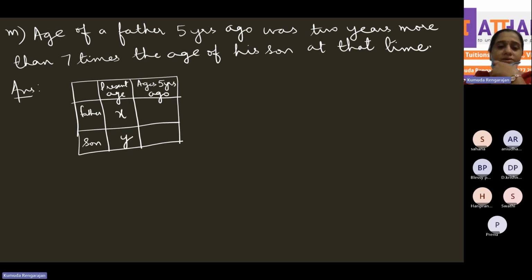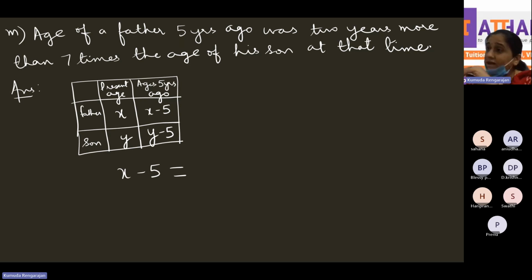X, Y, X minus 5, Y minus 5. Now, please listen children, then you can write: age of a father 5 years ago. So what should I write? X minus 5. Was means equal to. So equal to 2 years more than.